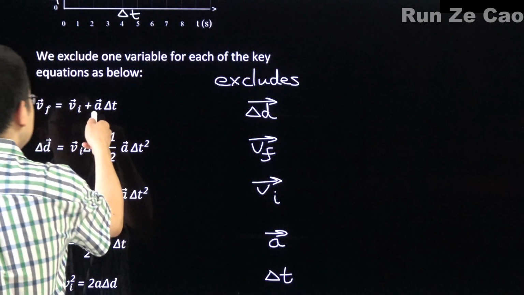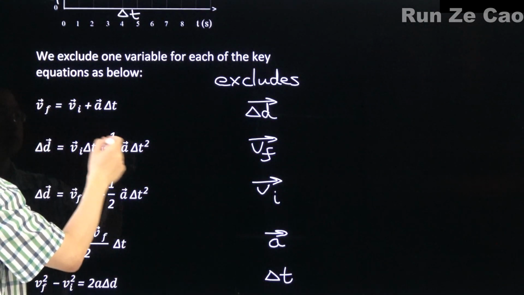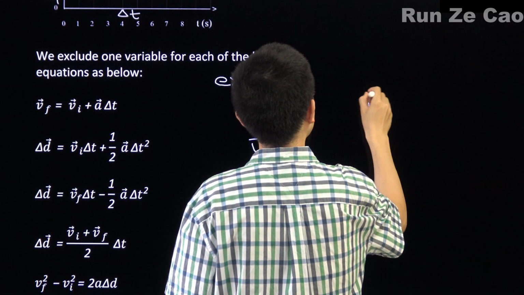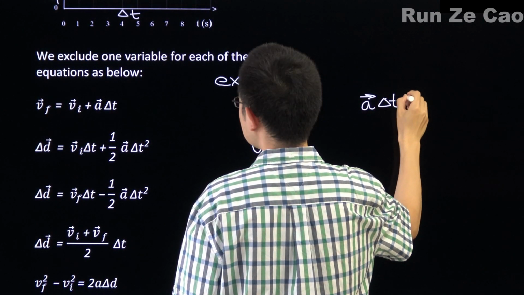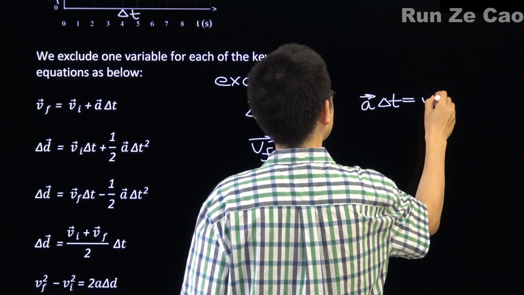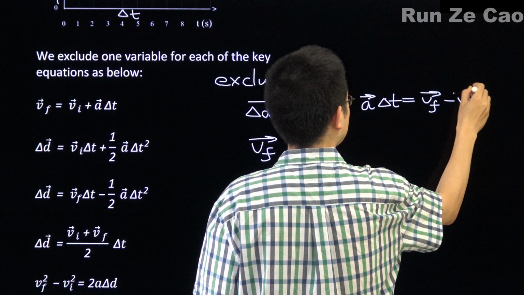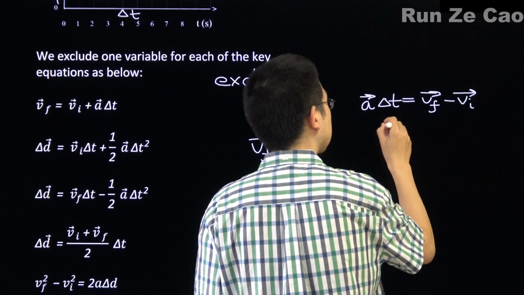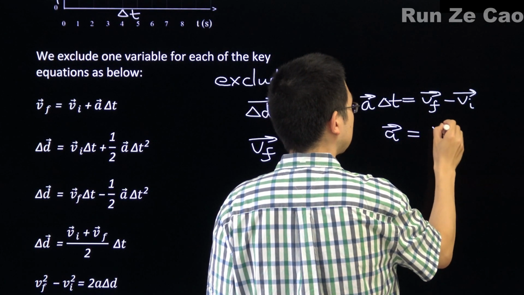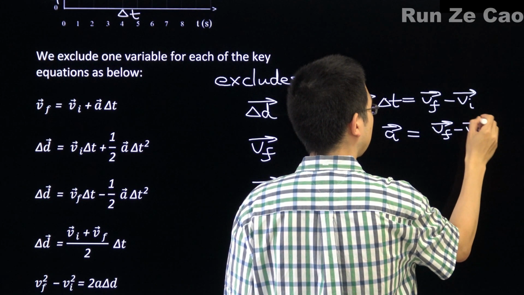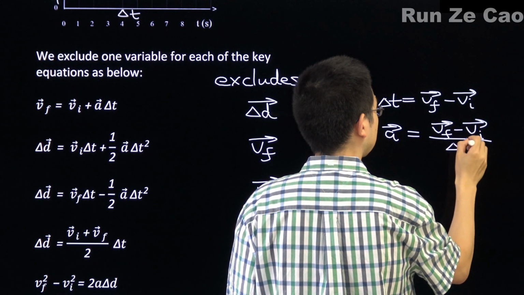So for a, we end up with a delta t is equal to vf minus vi. And a is therefore equal to vf minus vi over delta t.